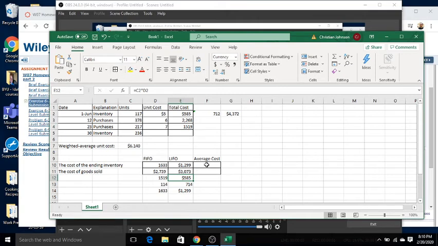And then now finally we have average cost. For average cost, we simply multiply our weighted average unit cost by the number of units from June 30th. So in this case, we multiply this by the ending unit amount on June 30th.